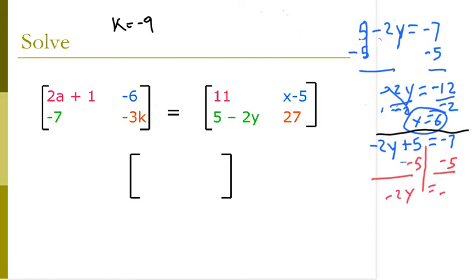This is exactly what we had for the work above it, so everything else would remain the same. We end up with y equals a positive 6. So as we said before, there's often more than one way to arrive at the solution to a problem. But in any case, we end up with that y has to equal a positive 6.